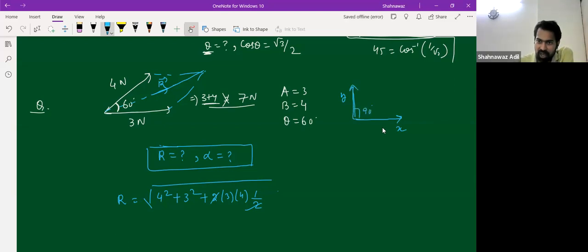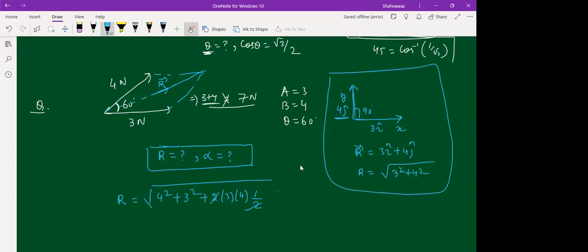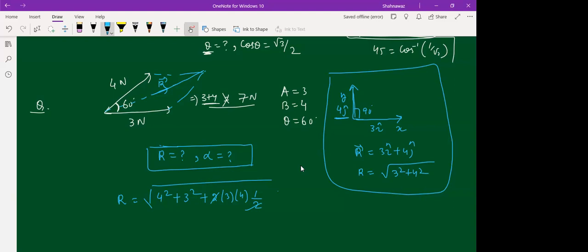So this would have been 3i and this would have been 4j. The vector would have been 3i plus 4j, and then the magnitude would have been root of 3 square plus 4 square. So were you thinking like this, Rishita? Yes, sir, I was thinking like that.